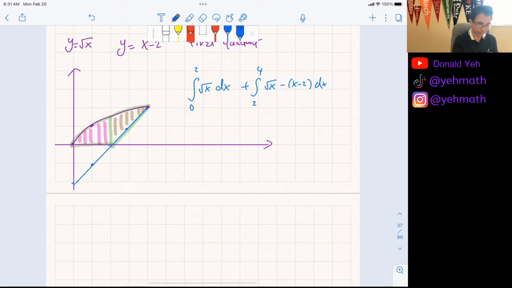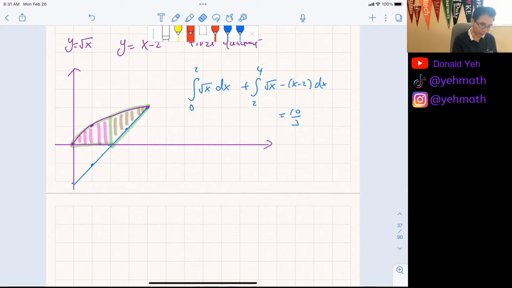Now this is a pain because you have to deal with 4 square root of 2 over 3 or something like that, and they'll end up subtracting each other, and you get 10 over 3. But this is too much work, because you have to deal with two separate integrals.